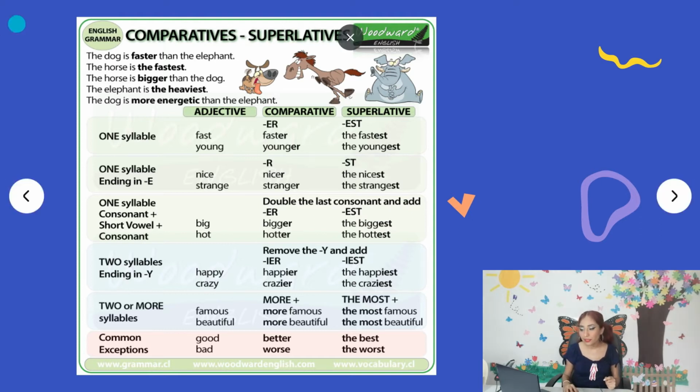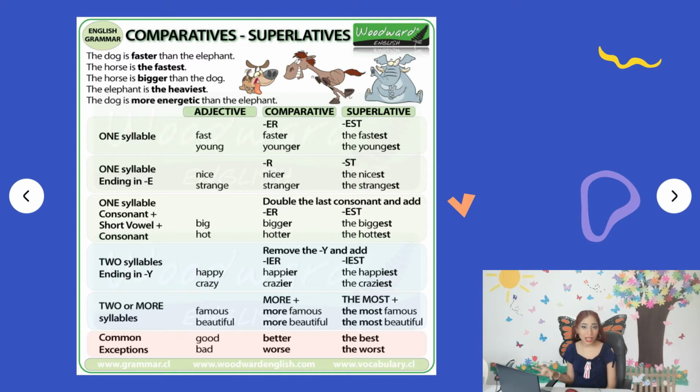So now we have the third example. The horse is bigger than a dog. We have a comparative because we are comparing the horse with just one dog. The elephant is the heaviest. In this case, we have the pictures of the dog, the horse, and the elephant.